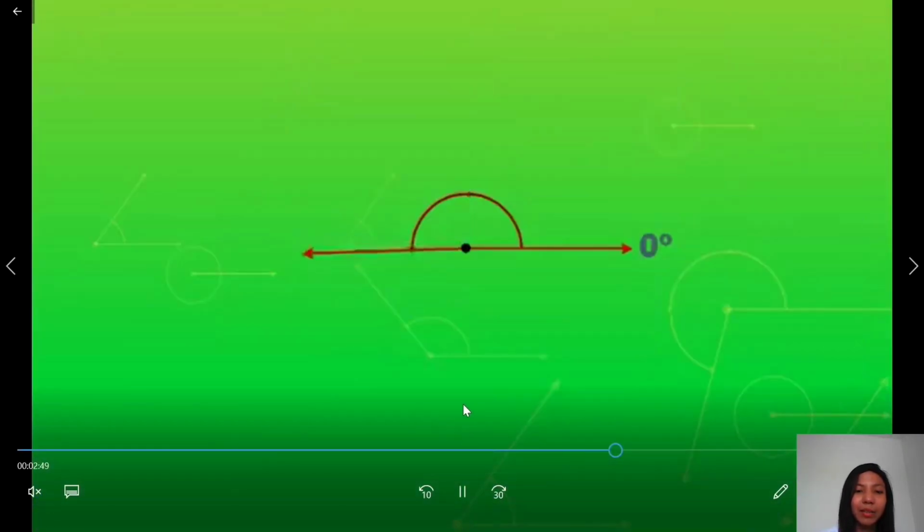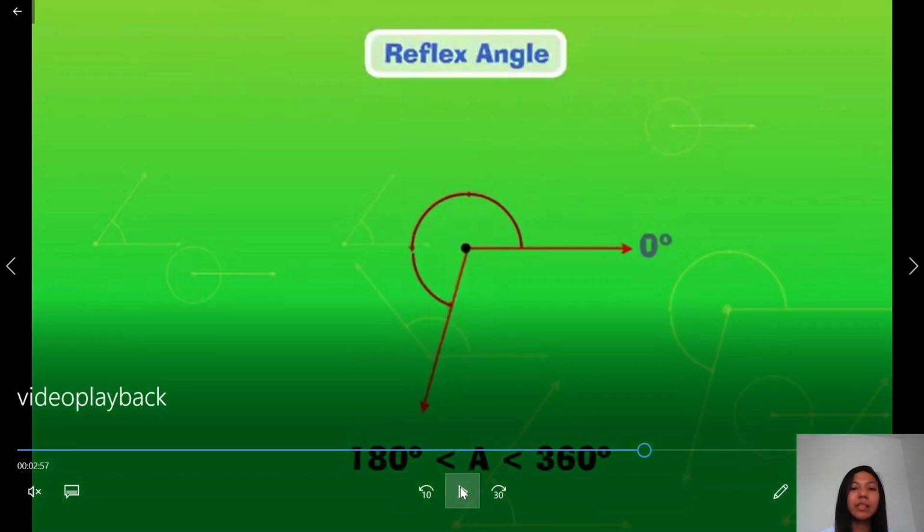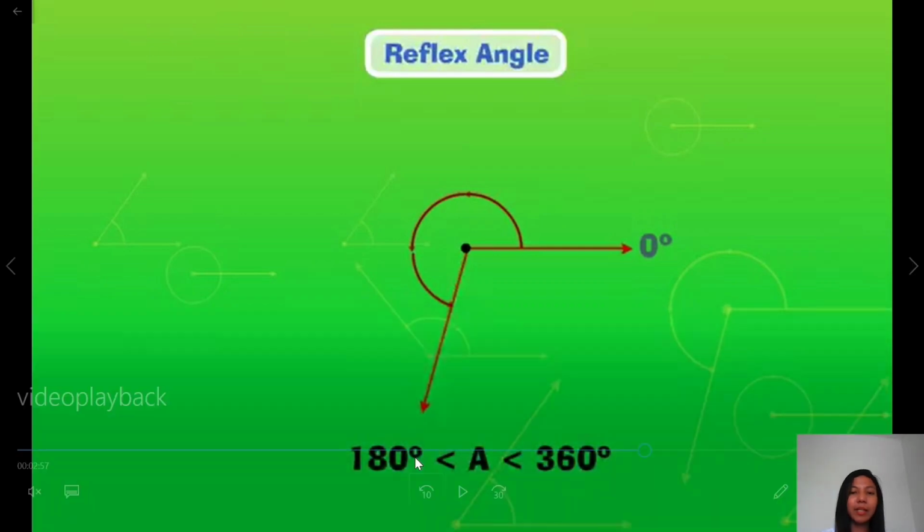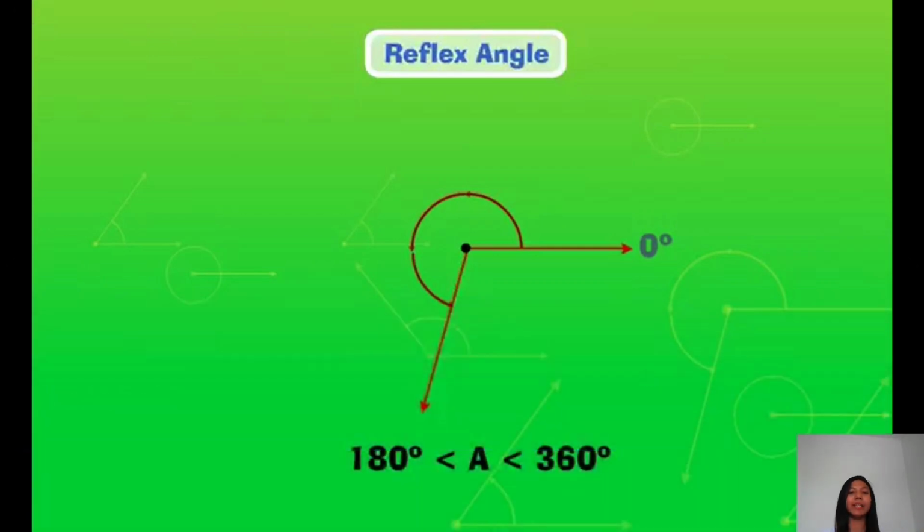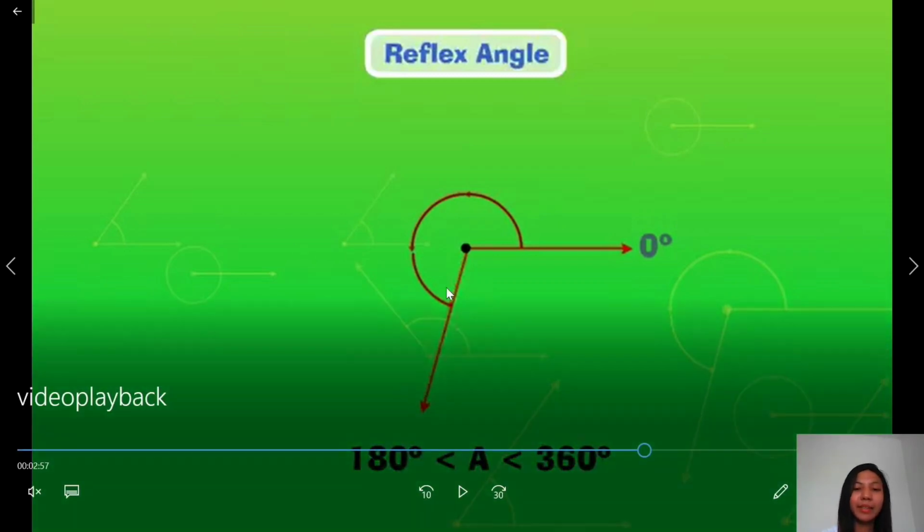Like this one, angle A is more than 180 degrees. It rotates more. If the angle A is more than 180 degrees but less than 360 degrees, it is called a reflex angle. Everybody say reflex angle.